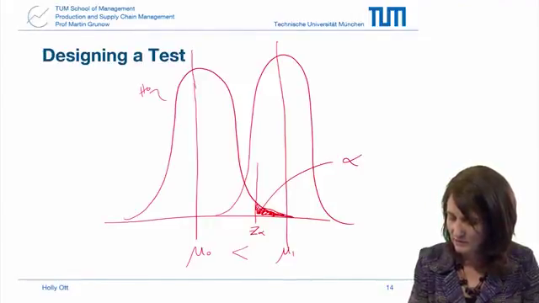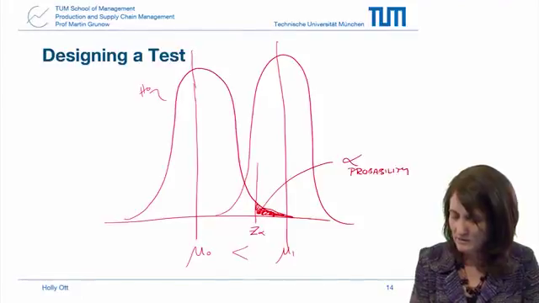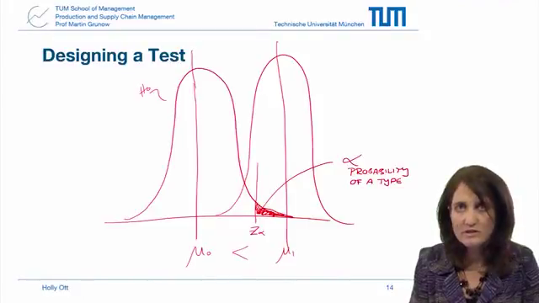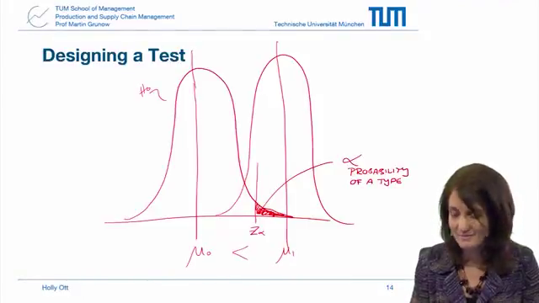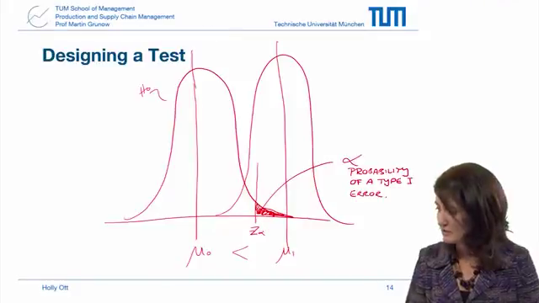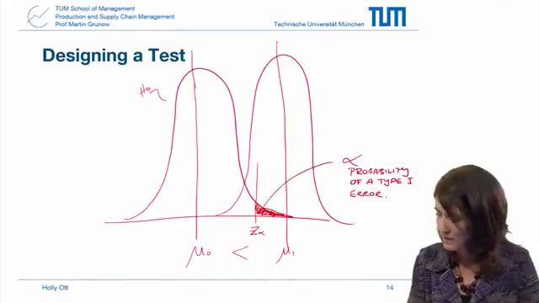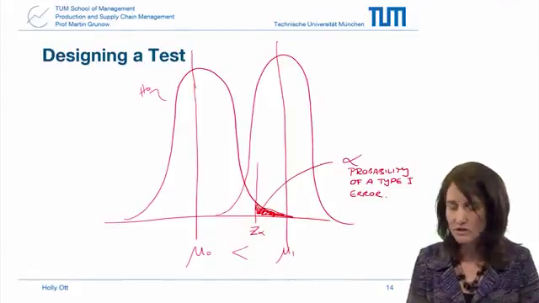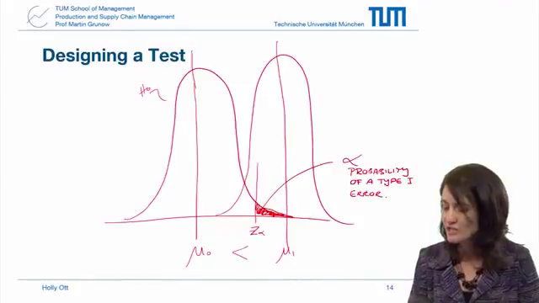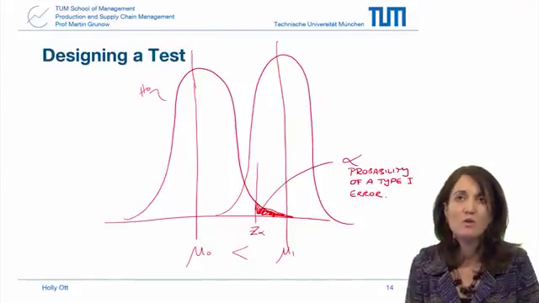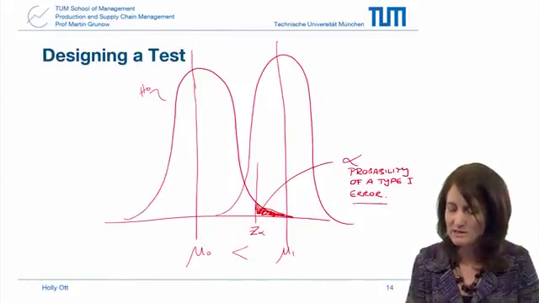So this is going to be the probability of a type 1 error. The probability of accepting the claim H1 when it is not valid, we can also say the probability of rejecting the null hypothesis when it is valid. We want to keep this small.